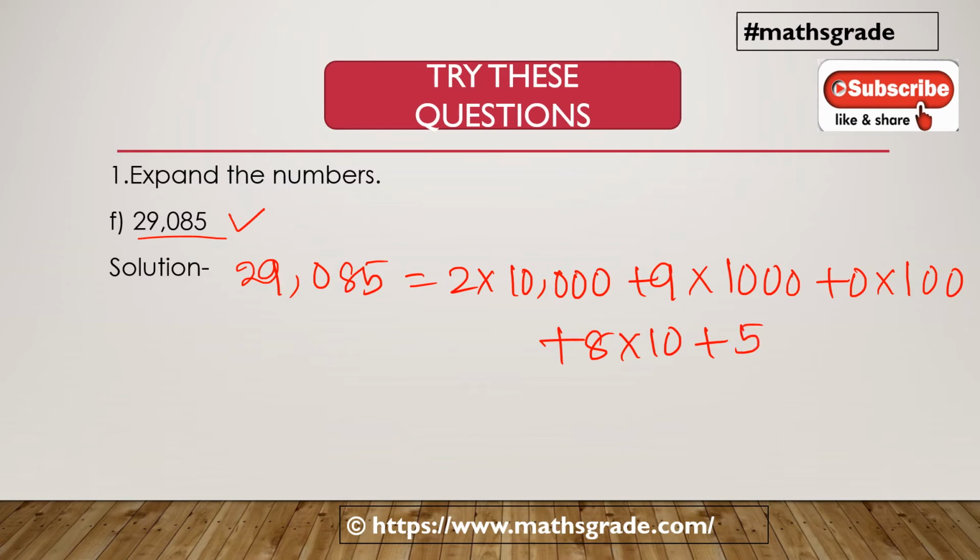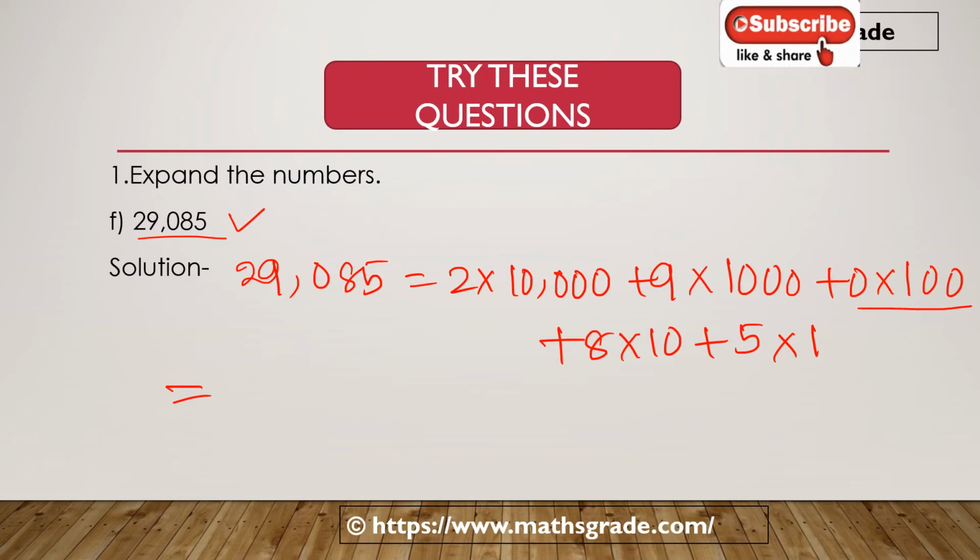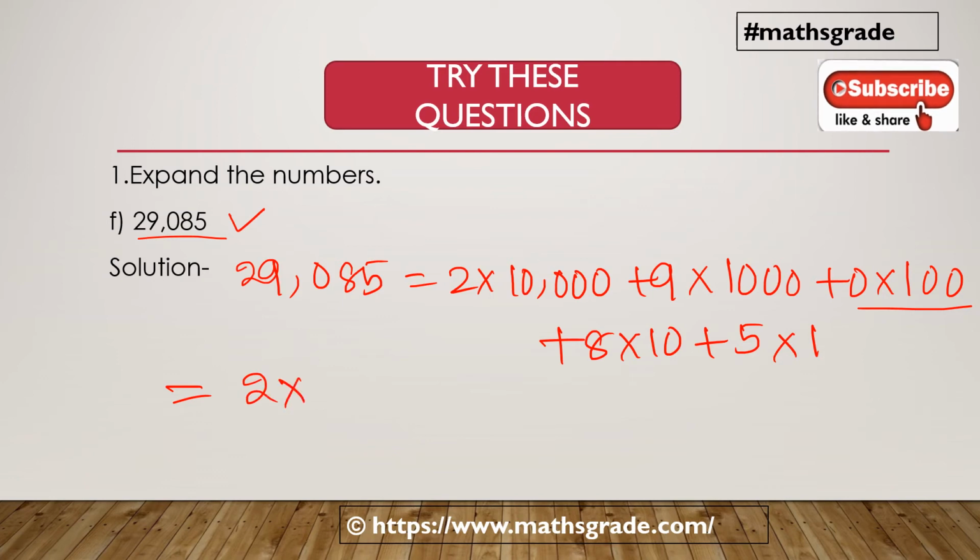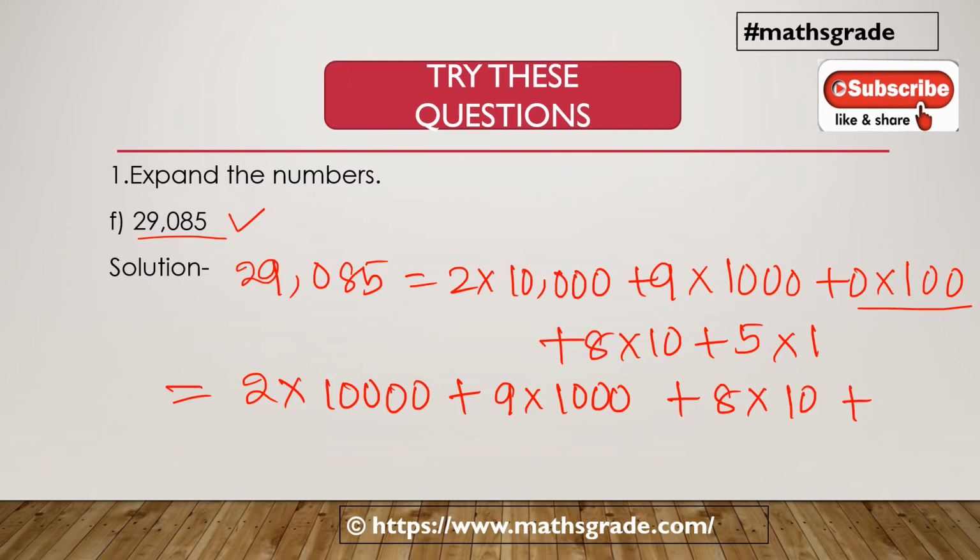And digit 5 in the ones place, so multiply 5 with 1. And 0 multiplied with 100 is 0, so you don't need to write it down. So only write 2 multiplied with 10,000 plus 9 multiplied with 1,000 plus 8 multiplied with 10 plus 5 multiplied with 1. This is the expansion of the number 29,085.